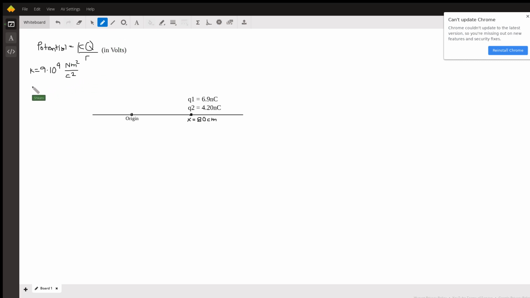And then Q is the magnitude of the charge in coulombs. And R is the distance from the charge in meters.